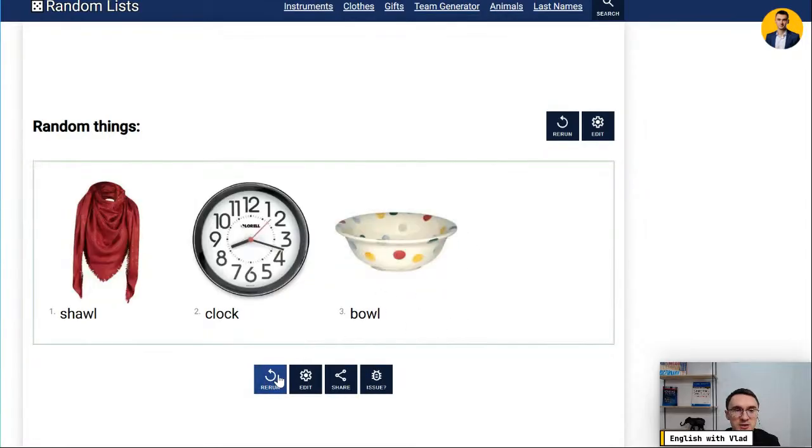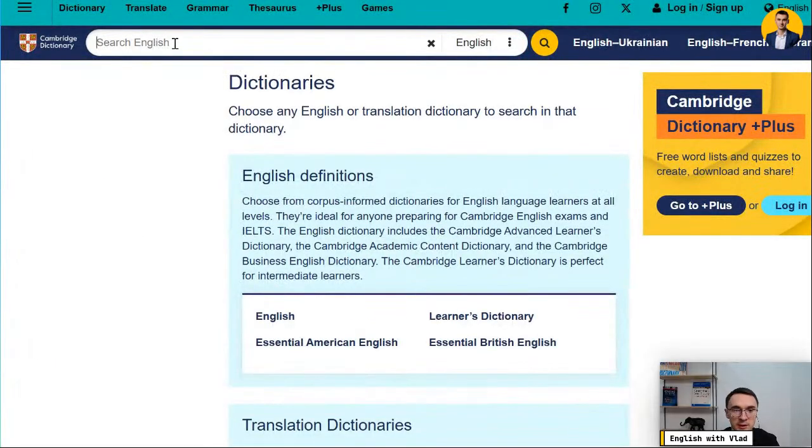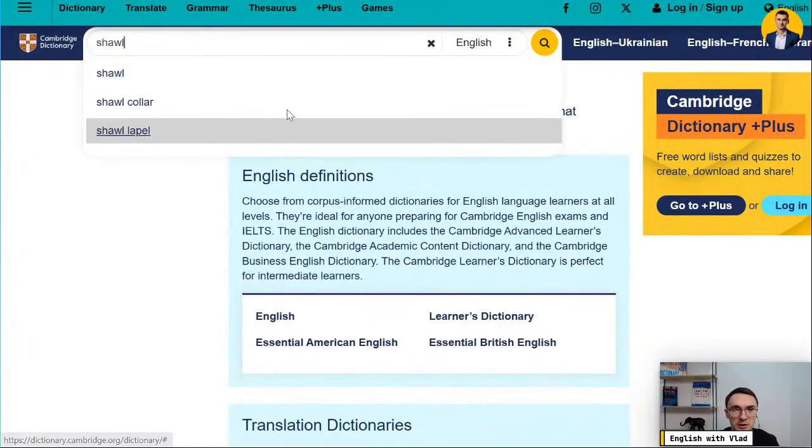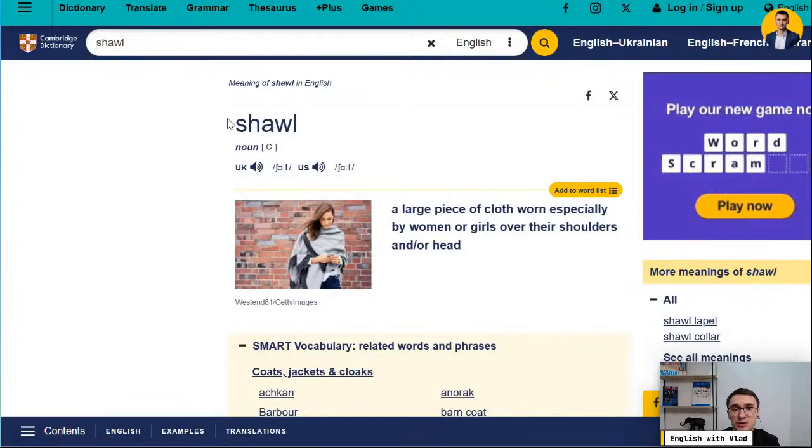Now let me ask you how to read these words here. Okay, these two I think you know, but this one I might even need to check with you what this is and how to pronounce it correctly. Now I use Cambridge Dictionary whenever I have some doubts in how to pronounce a word.